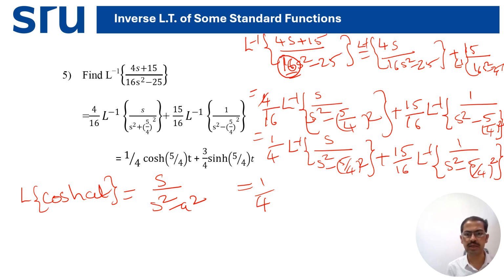Here you observe s by s square minus a square, where a is equal to 5 by 4. So we get cosh 5 by 4 t.